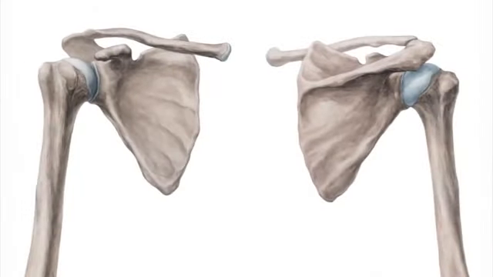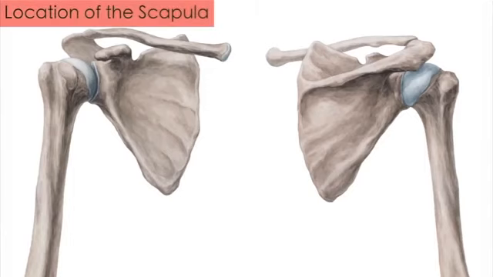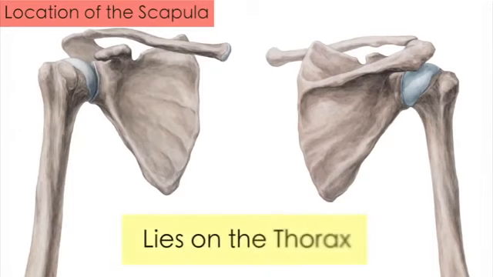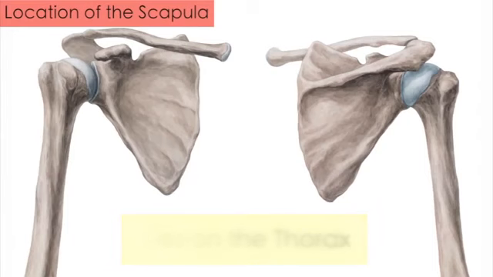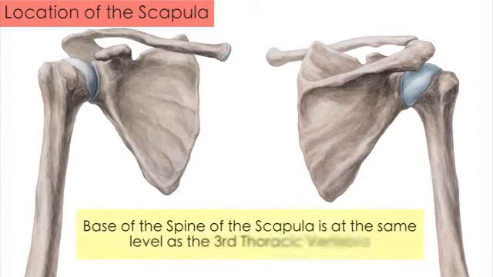Now this is the end of the tutorial, but before we go, I have to give you an important note on the location of the scapula on your body. The first point is that the scapula lies on your thorax. The second point is that the base of the spine is at the same level as the third thoracic vertebra.